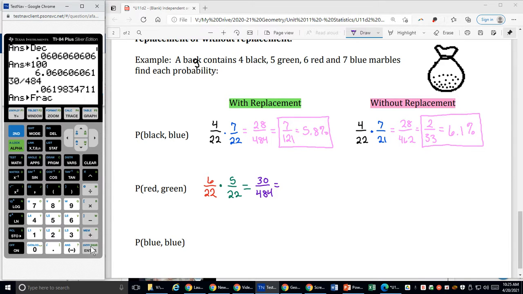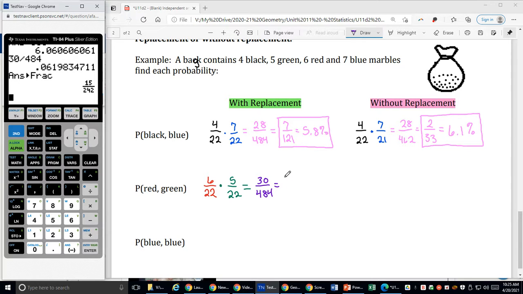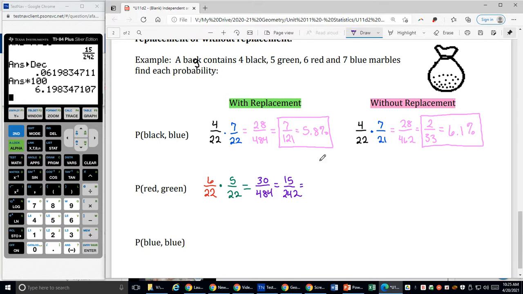Math, give it to me as a fraction. 15 out of 242. And as a decimal, we'll go back to decimal, times 100, we're going to get 6.2%.